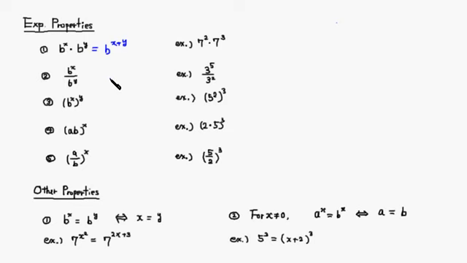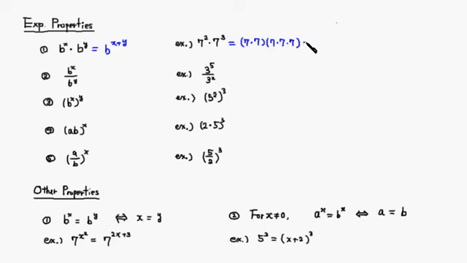All right, so if you're not convinced, let's look at a small example. Let's look at 7 squared times 7 cubed. 7 squared is the same thing as 7 times 7. 7 cubed is the same as 7 times 7 times 7.